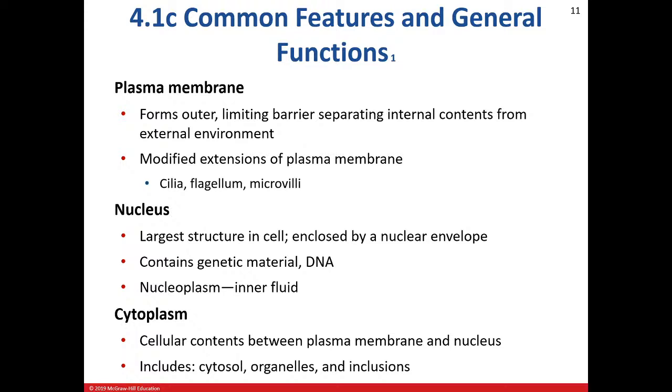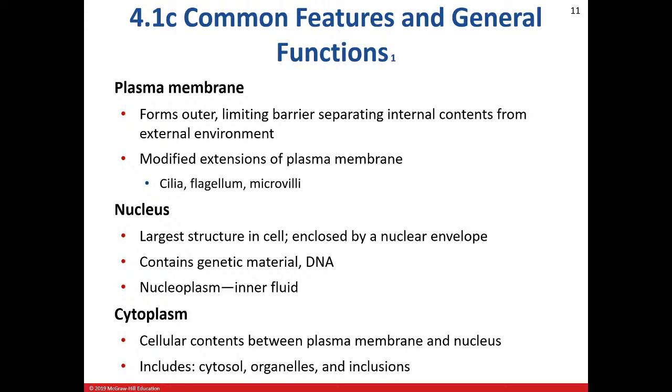Sperm cell is the only one that has a flagellum, and it's used to move the sperm cell. And then you can have microvilli, like on the epithelia in the small intestine. Microvilli increase the surface area because the entire point of the small intestine is to absorb nutrients, and so we want to have as much surface area as possible available to absorb nutrients.